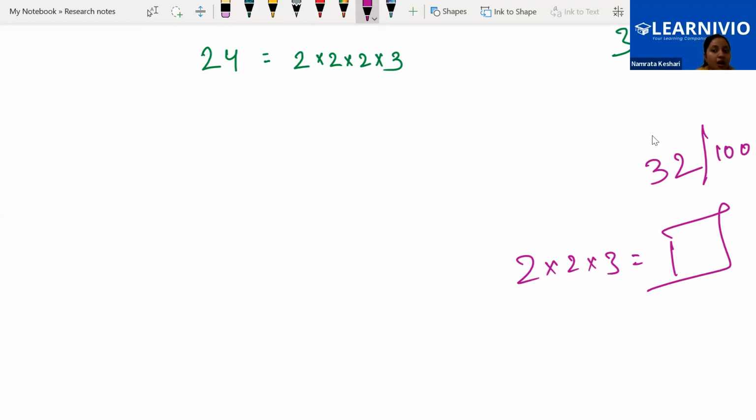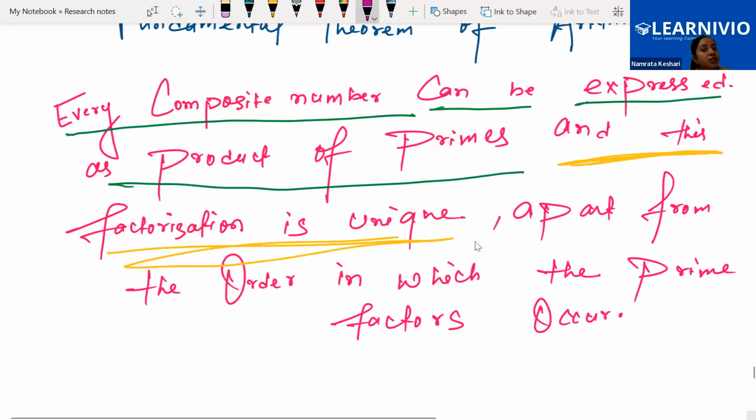Yes, along with this, if you add one more number by yourself, be it a 5, be it one more 2, be it 3, then you will get another number. But with the combination of 2 into 2 into 3, you will get just 12. That's why the word unique is mentioned here: every composite number can be expressed as a product of primes, and this factorization is unique.